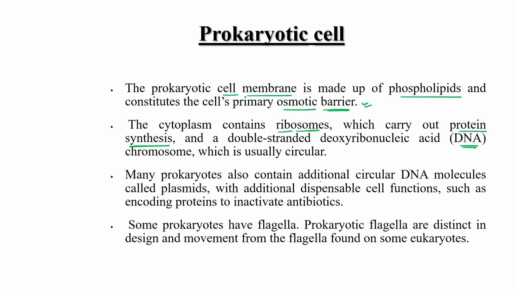Many prokaryotes also contain an additional circular DNA, which we have just seen in the previous slide's picture. That is known as a plasmid, or an extra-chromosomal DNA molecule, with additional dispensable cell functions, such as proteins to inactivate antibiotics, because they have an antibiotic resistance gene within them.